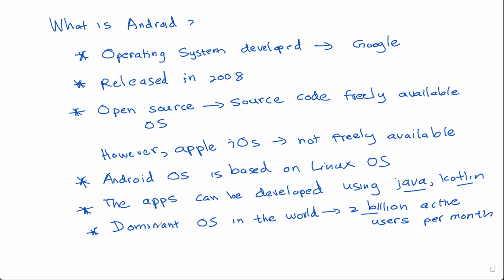When we compare it with the Apple iOS, which is also used by millions of people, Android is used by billions of people. Therefore, the usage of Android applications is said to be higher than Apple applications.